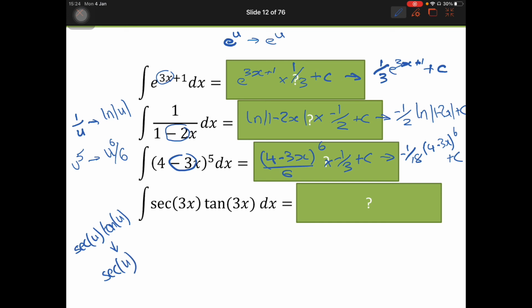So that's going to become sec of 3x. But again, because I've got my 3x, I'm going to have to times by a third and add on my constant. So I end up with a third sec 3x plus c.